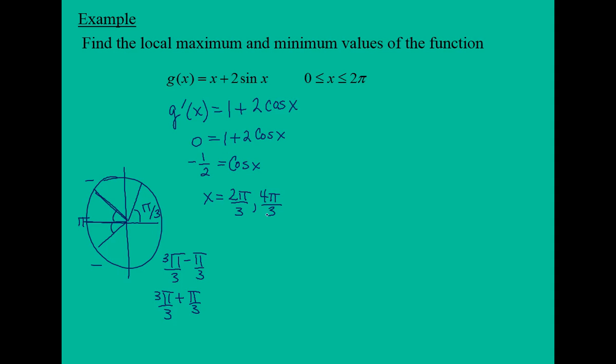Now let's set up our number line. Both of these critical values fall within our interval 0 to 2 pi. So let's say this is 2 pi by 3, and this is 4 pi by 3.